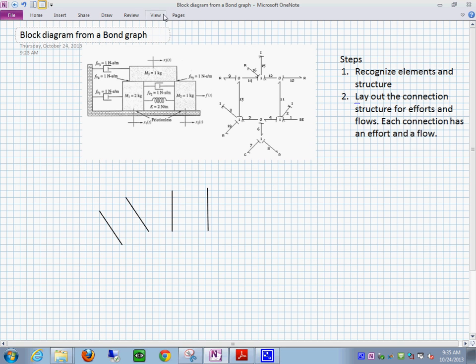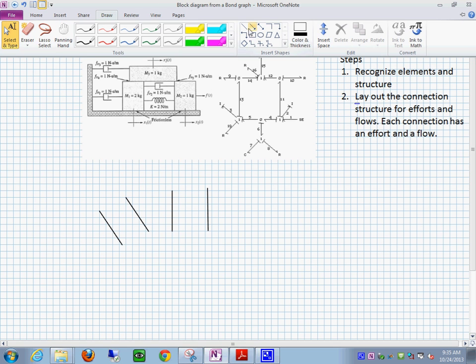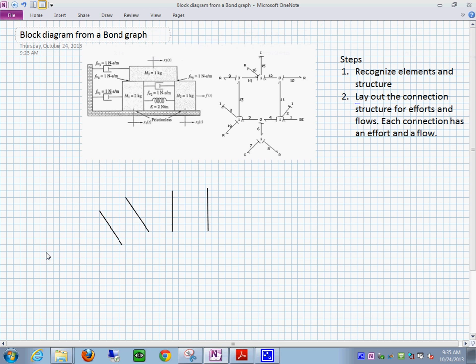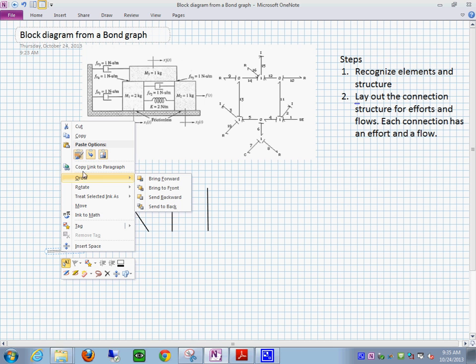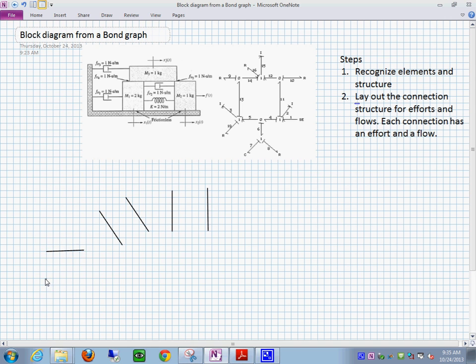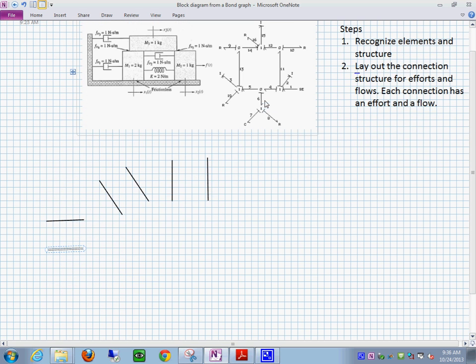I'm just laying out the connections, you know. So in here we go and put 1 in here. For that, we're just gonna go copy and paste, and we created this one. Now I am gonna create this one in here, and to do that I really need this too.